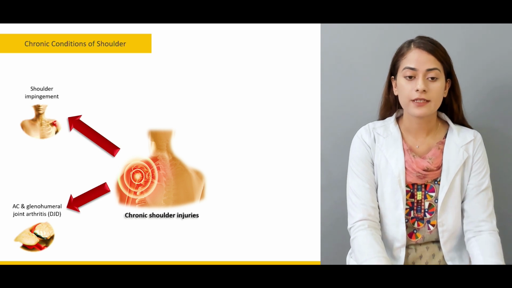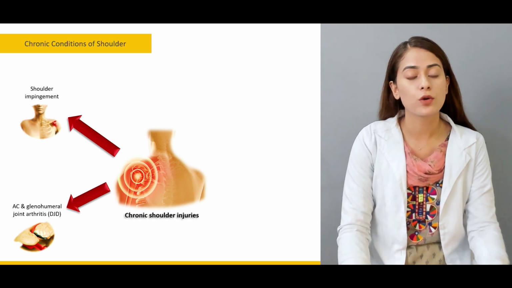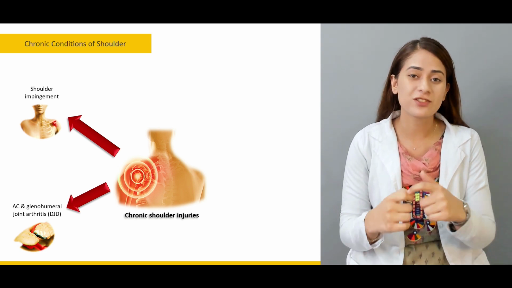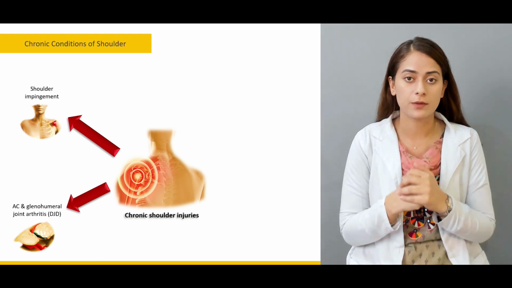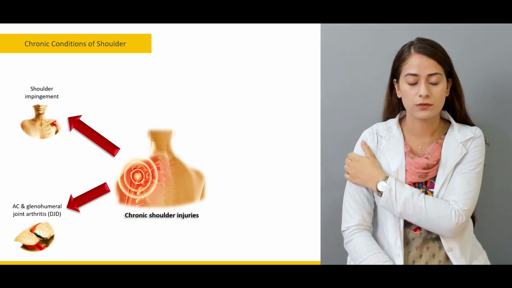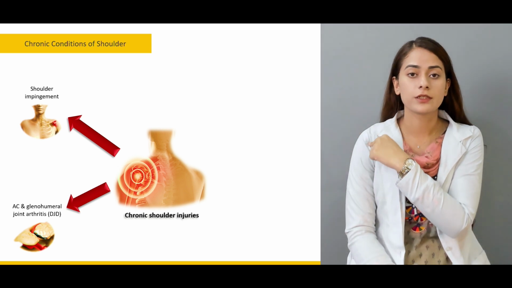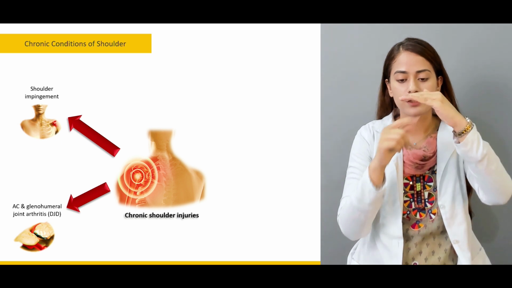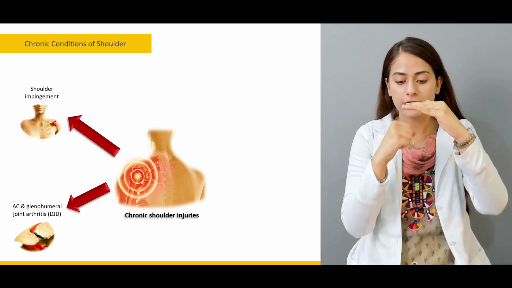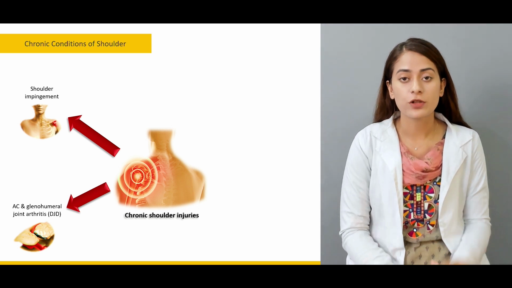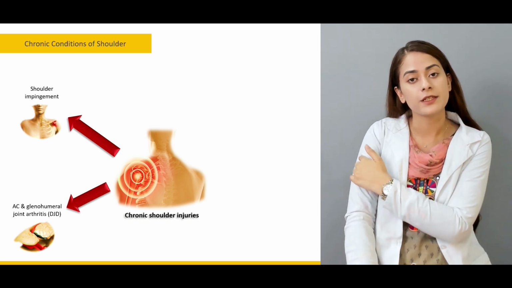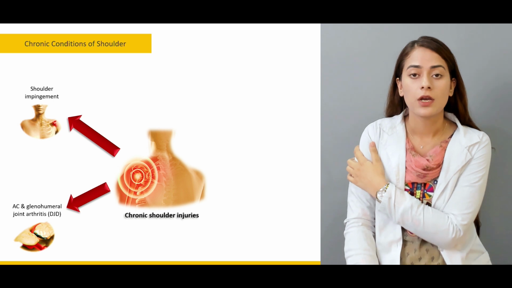So the second thing is shoulder impingement. We will see how the shoulder can be impinged. Shoulder impingement is basically two structures pinching the structures that are passing beneath them. The bones, obviously, the humerus and the glenoid, make the joint, and the space between the acromioclavicular joint and the glenohumeral joint is a very small surface, and multiple tendons pass through it to finally attach to the greater tubercle of the humerus.